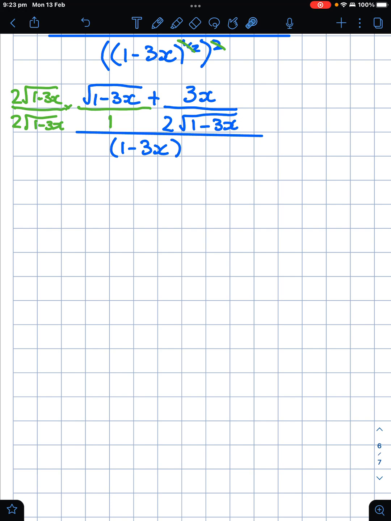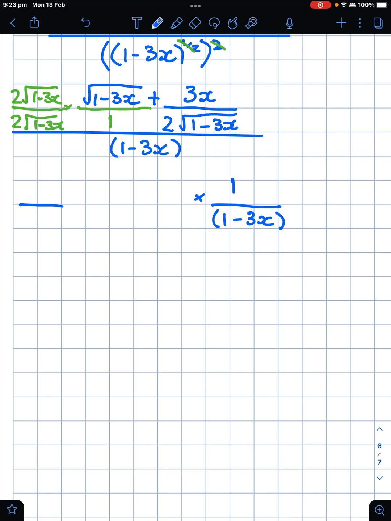We've talked about in class that this whole thing up here is divided by 1 minus 3x. That means that's the same as timesing it by 1 minus 3x. So that's what this bit here is going to be.